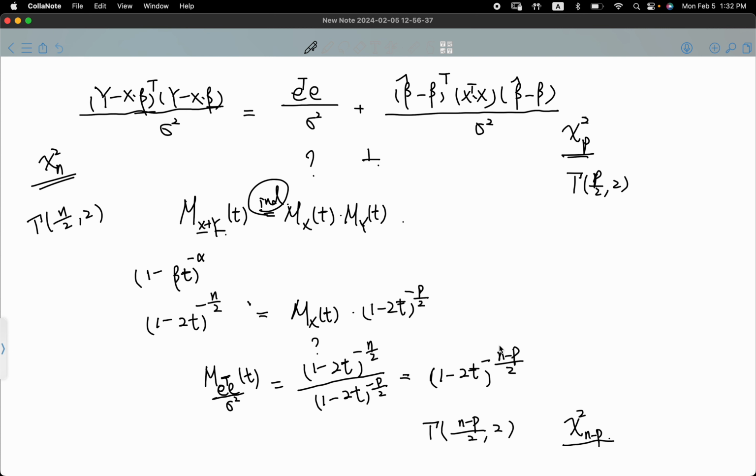Okay, so up to this point, what we have is the distribution for that. But our final goal is to conduct hypothesis testing for a particular beta i. So next we're going to make the final connection between the chi-square that we found and construct a t-distribution.